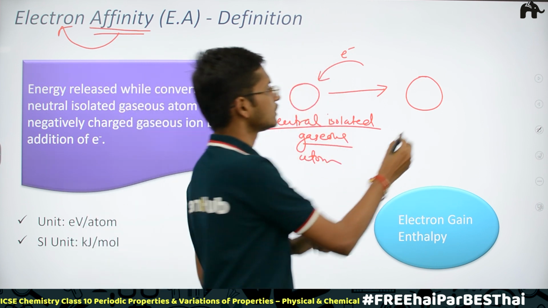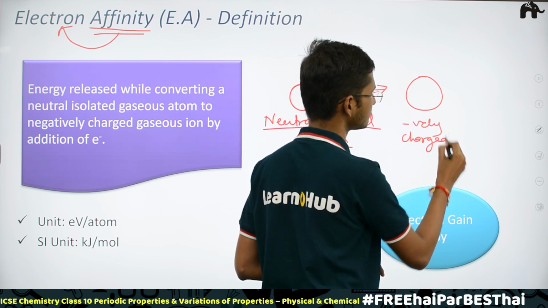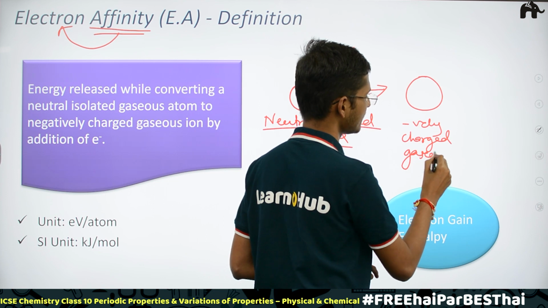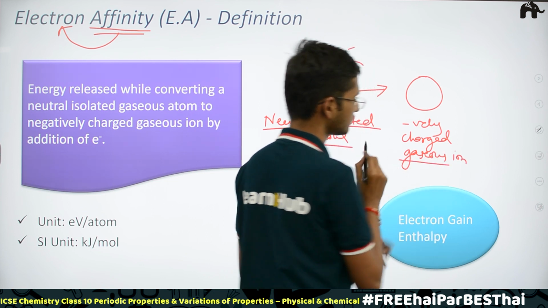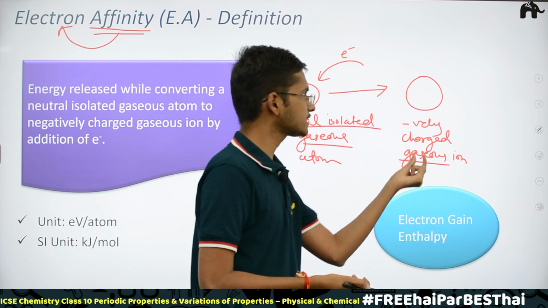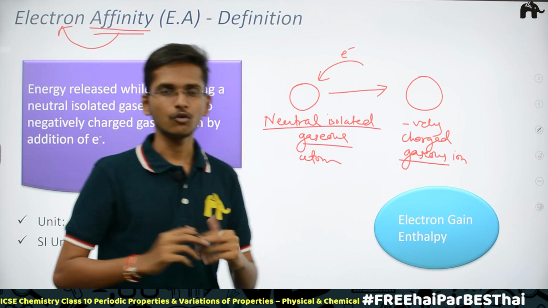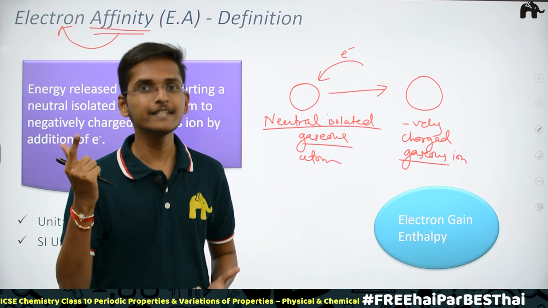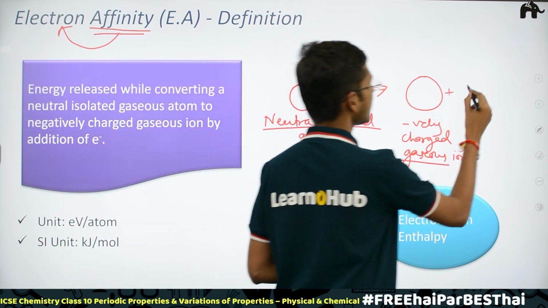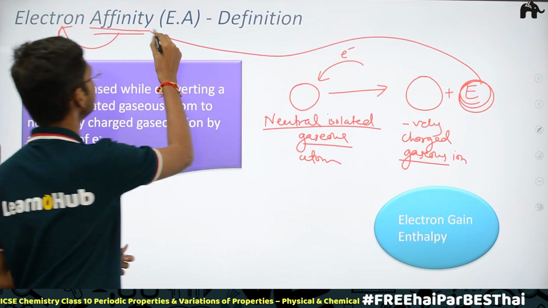So it becomes a negatively charged gaseous ion, because the atom is in gaseous state, that's why the ion would be in gaseous state. And after accepting this electron, boom, magic, it releases energy. And this very energy is called electron affinity.